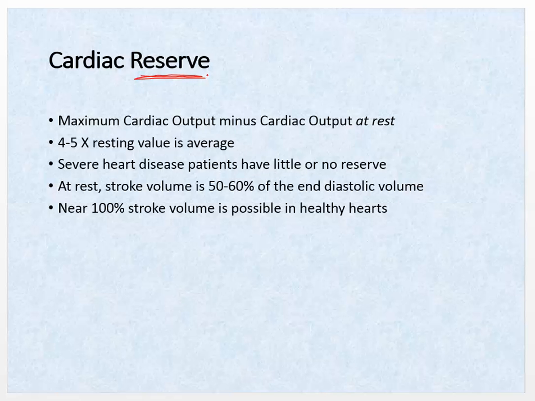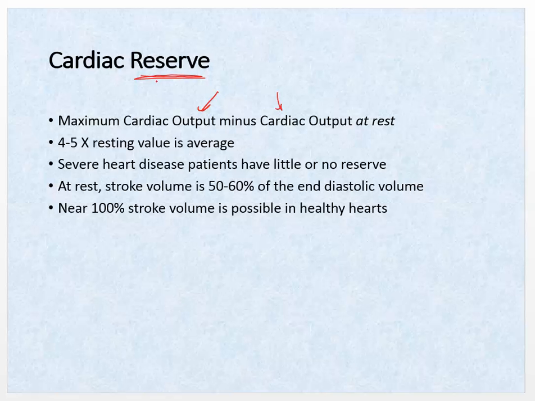We don't want to be just sitting on the sofa with our heart pumping as much blood as possible, because that's the most we could ever strain ourselves. So we have the maximum cardiac output minus what we're doing when we're just sitting there. How hard can my heart beat versus how hard does it beat when I'm just sitting around?